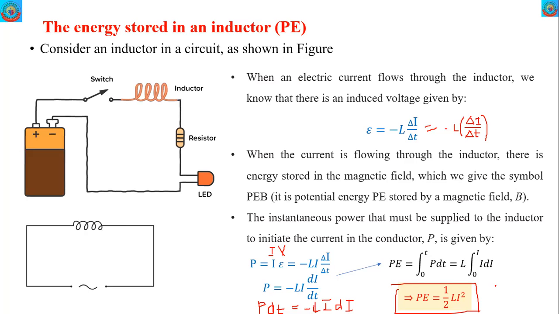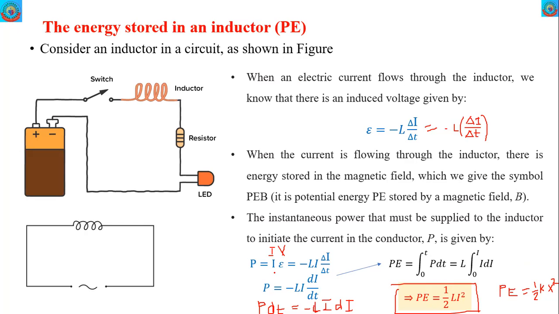What does this resemble? The spring mass system. If you remember, the potential energy in a spring mass system is equal to half kx square, where k is the spring stiffness and x is the deformation. So it is related to this: potential energy half kx square, and here the potential energy stored in the magnetic field is equal to half Li square.